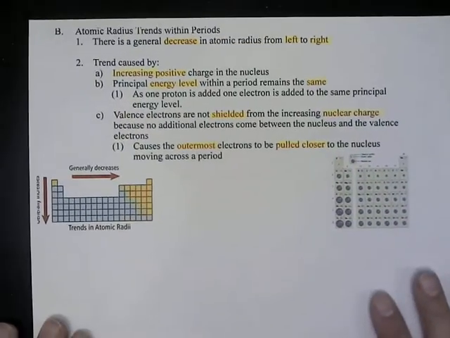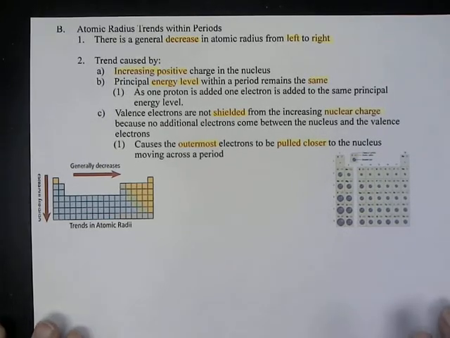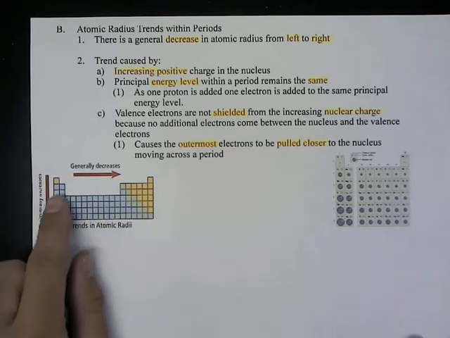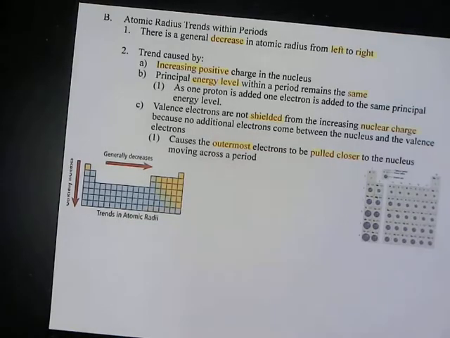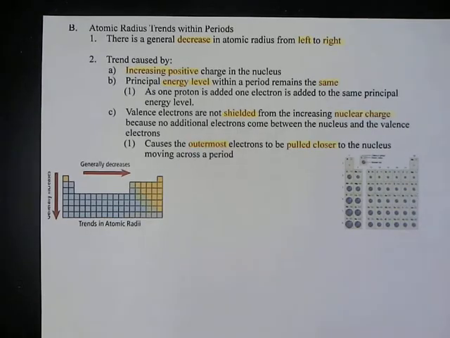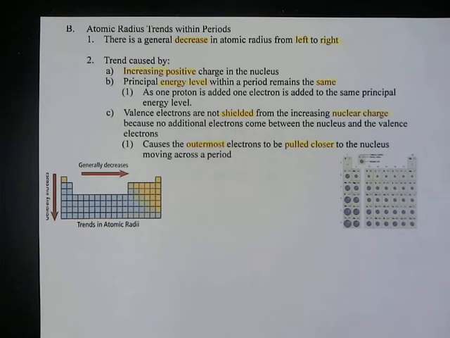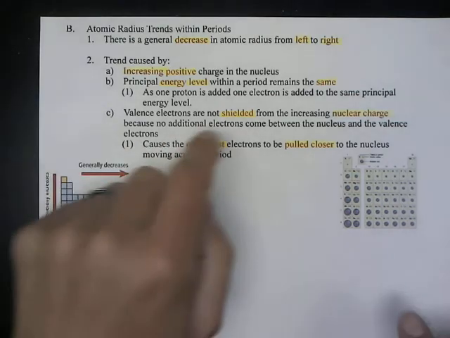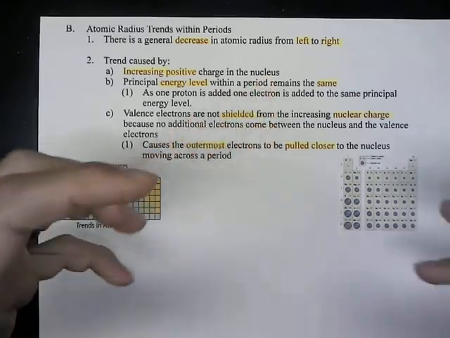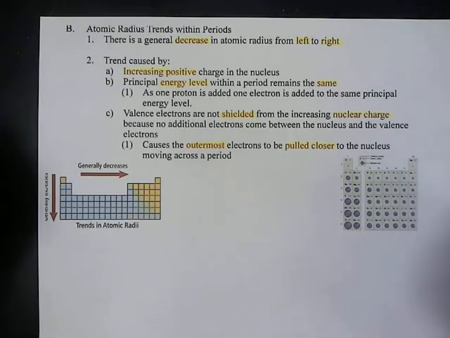So with our atomic radius, as we move left to right in one period, there is a decrease in the atomic radius. The reason for the decrease is that there's an increased positive charge in the nucleus. What that means is we have more positive charge pulling in those electrons on the outside.